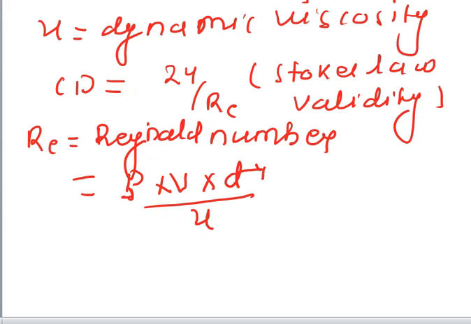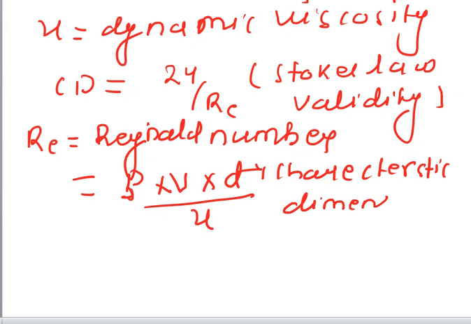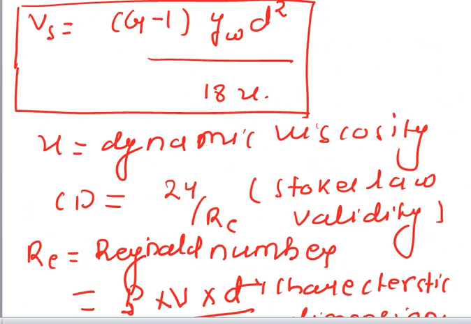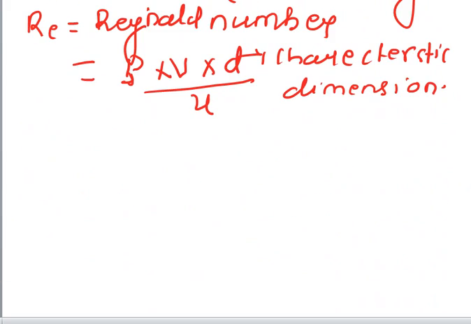This D is the characteristic dimension. So finally we derived the equation for settling velocity.